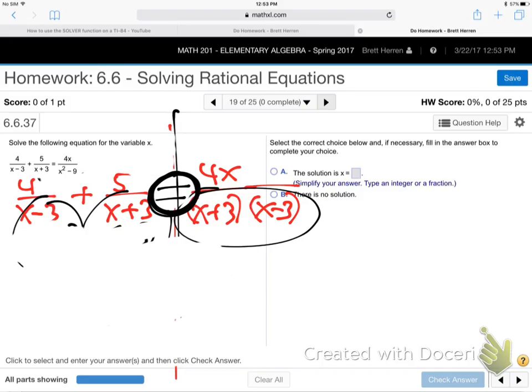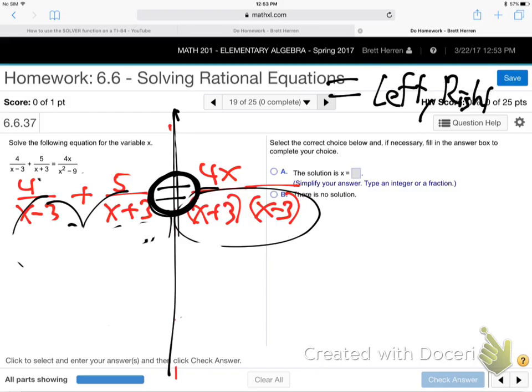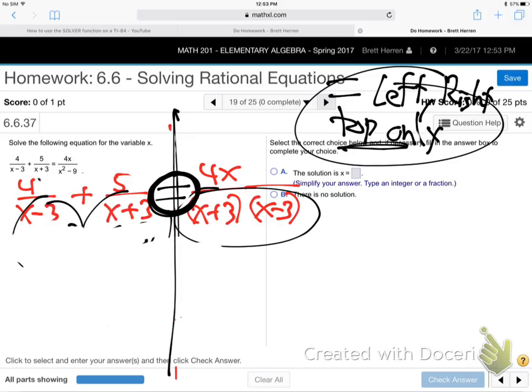Because I have an equal sign. So I'm doing left, right, top only. That's a funny looking name. Top only. So that's why I'm still doing the LCD.